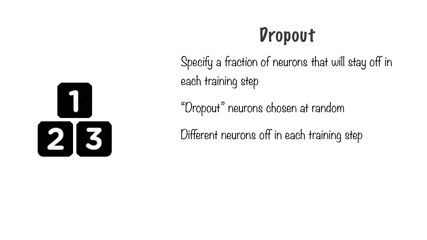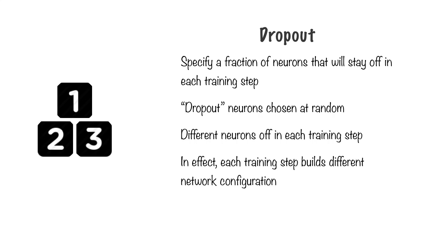This means for every step, the neurons that are on will be forced to learn new patterns, different patterns in the underlying data. They may have been off earlier, they're on now. So they are forced to learn new things at every step. Basically, when you use dropout, it means that your network configuration is different at every step. Different neurons are turned on and off for every step. The network configuration is different.